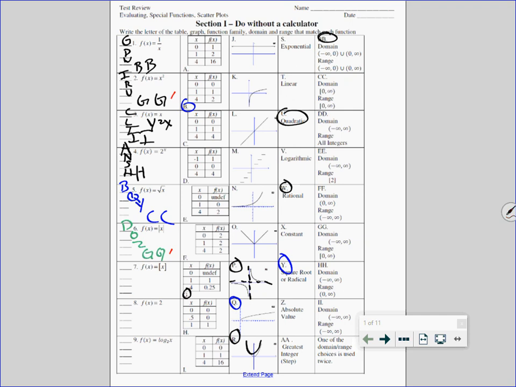This one is the greatest integer function, which is the step function.